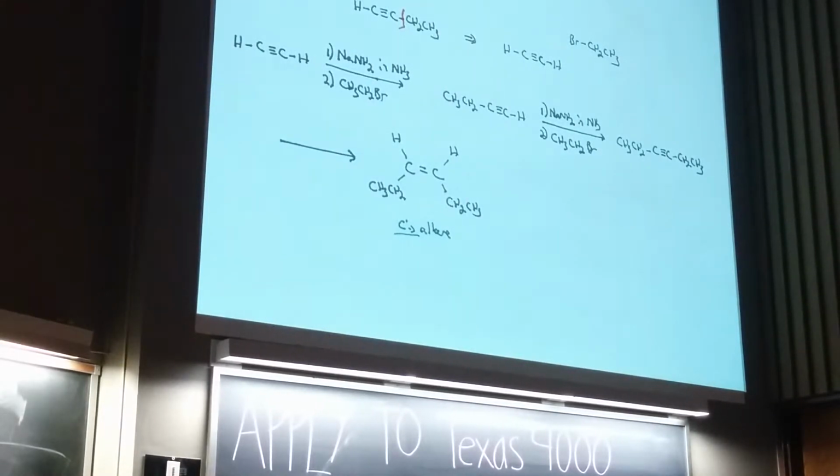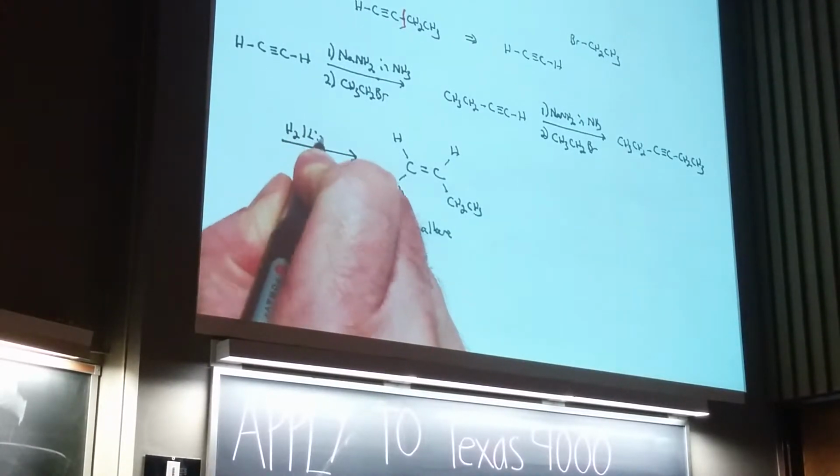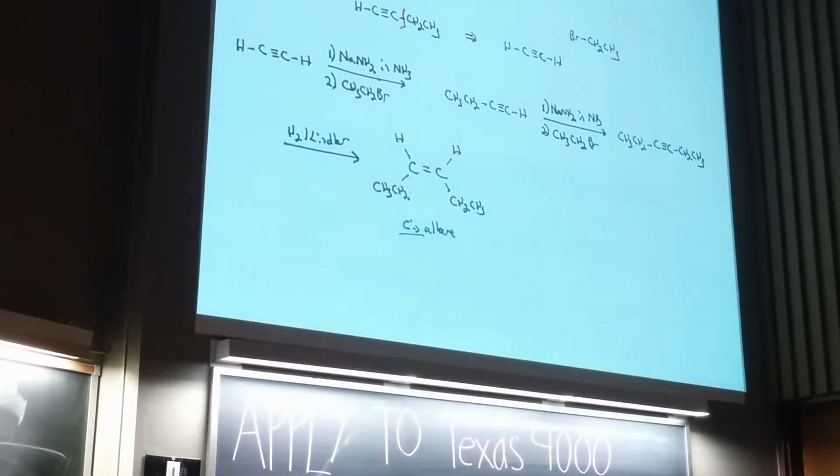Somebody say it. H2 with the Lindlar catalyst. Good. Those are the classic reaction conditions that will stop the reduction of the triple bond at the double bond and will give us cis stereochemistry. That is a stereoselective syn addition.